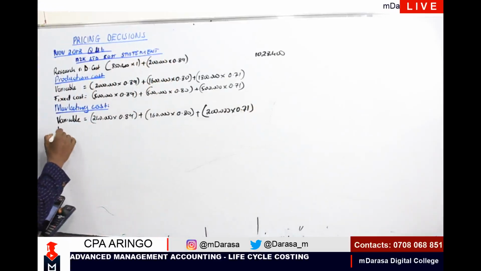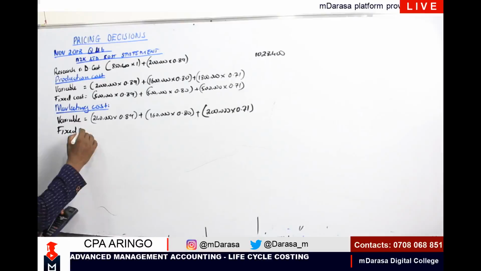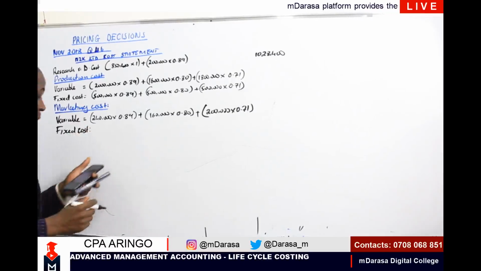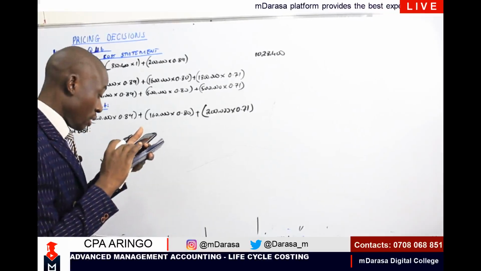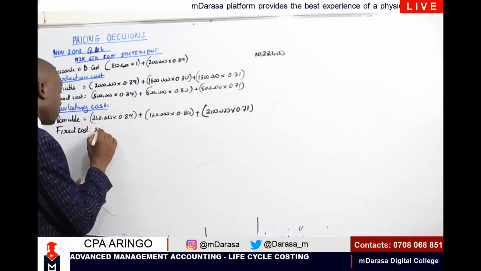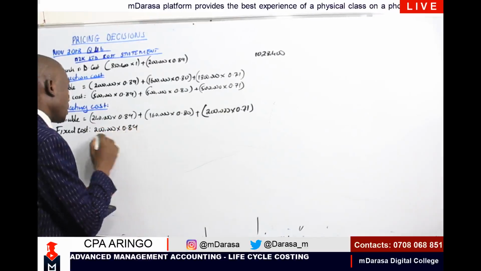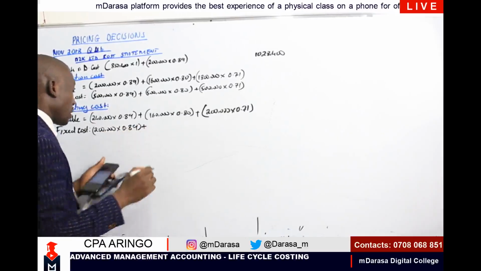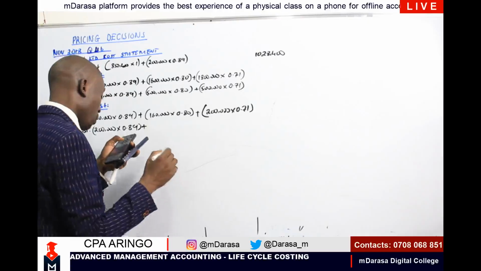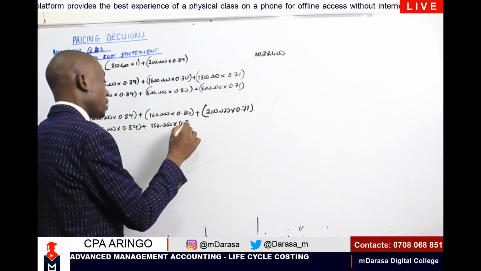Then fixed marketing cost. The same concept will apply. For fixed, year 1, I was given 200,000 by 0.89. Year 2, I was given 150,000 by 0.80.